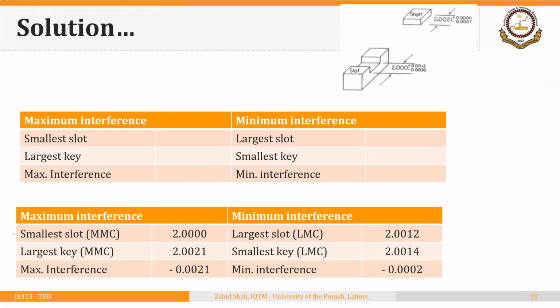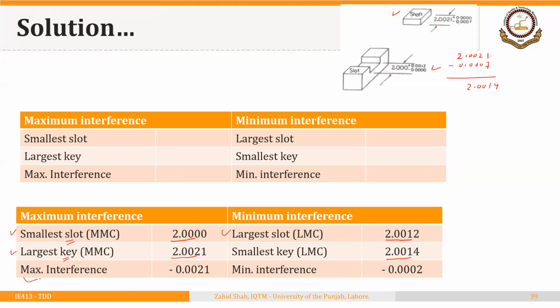So the smallest slot that we can make will have a size of 2 and the maximum size of 2.0012, and the largest key or shaft will have a size of 2.0021 and the smallest will have a size of 2.0014, because that will be 2.0021 minus 0.0007, which is 2.0014.